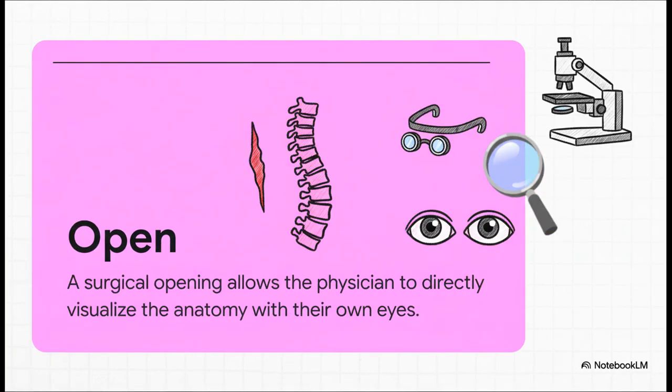And finally, there's the open approach. Think of this as good old-fashioned surgery. The doctor makes an incision, a surgical opening, and they can see the anatomy directly with their own eyes. No screens, no cameras, just direct sight. And knowing the difference between these three, percutaneous, endoscopic, and open, is absolutely fundamental. It's how you'll find your way to the right family of CPT codes.